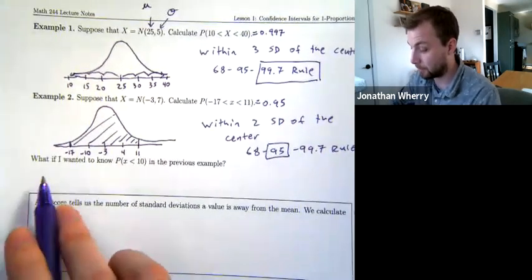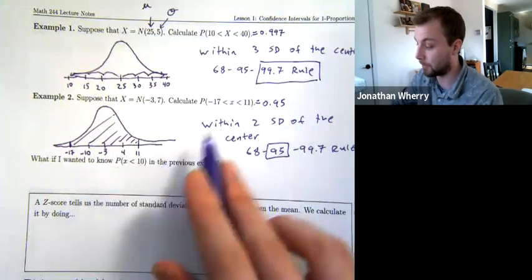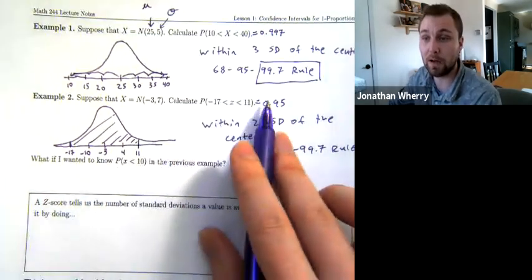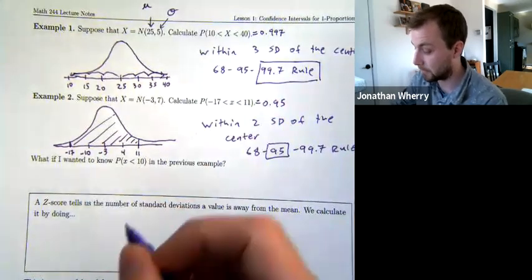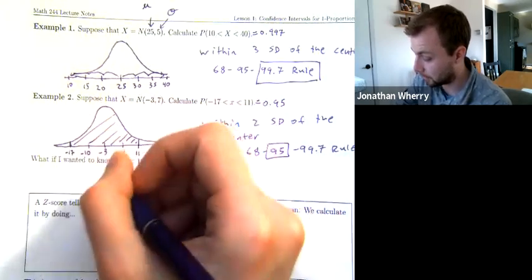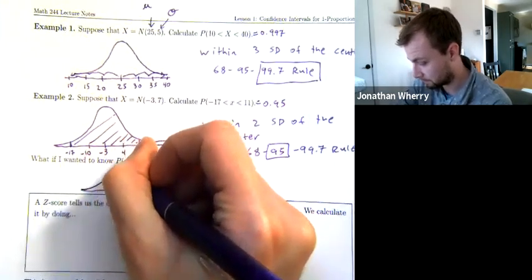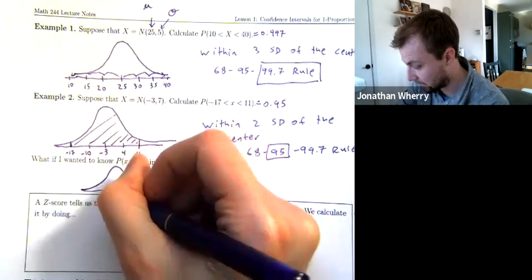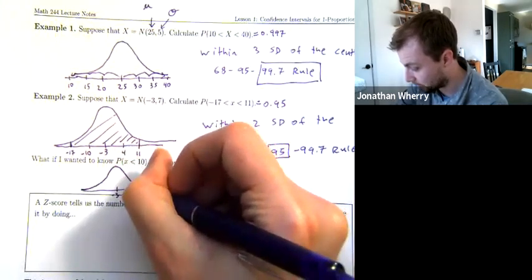Now, things get a little bit messier if I have something like this. Notice this isn't a 2-number problem. Those both had 2 numbers, a low and a high. This just has 1 number. The other issue is, if I look at the same curve, I'm just going to draw a quick sketch of this thing. Negative 3, 4, 11, and here's my number 10.